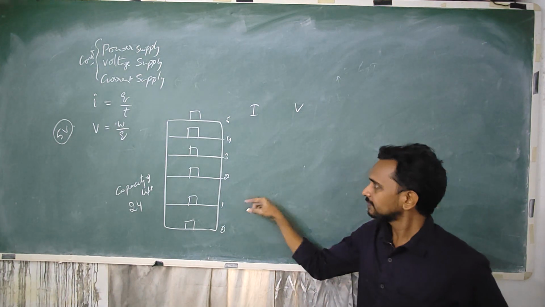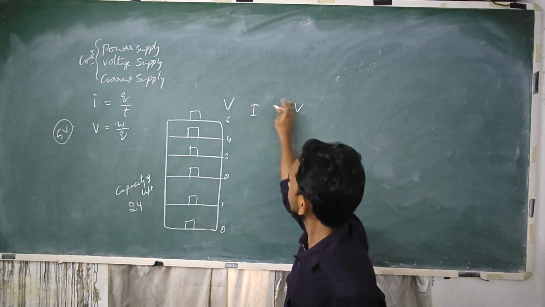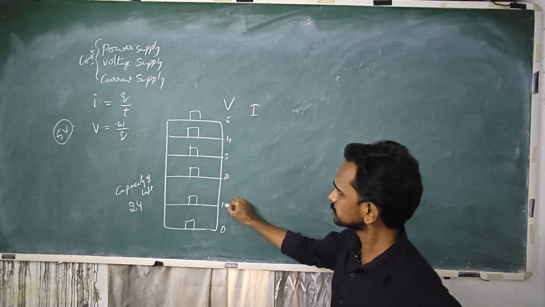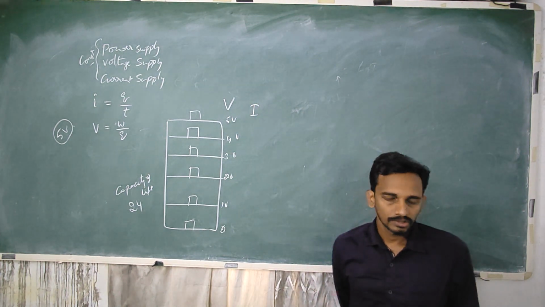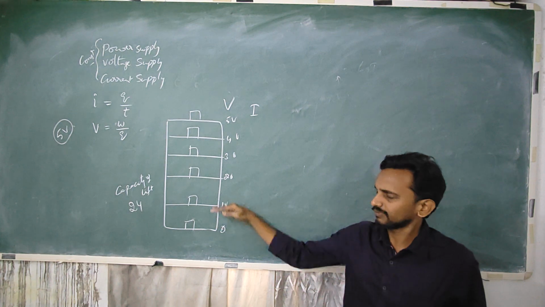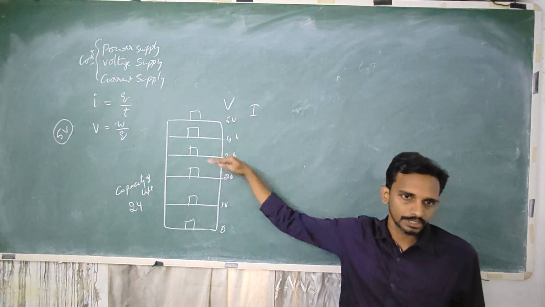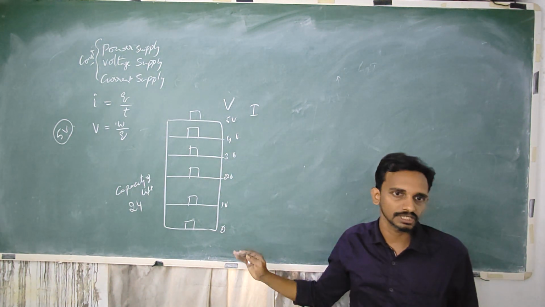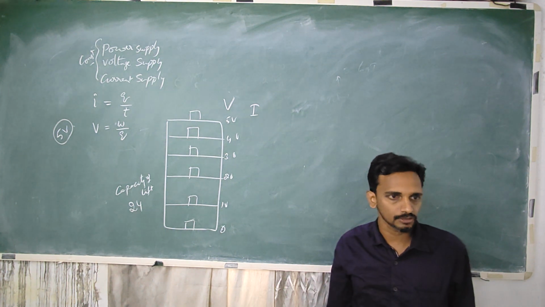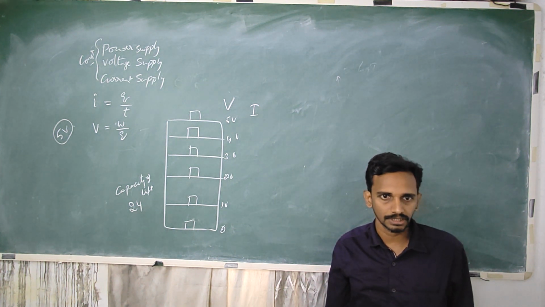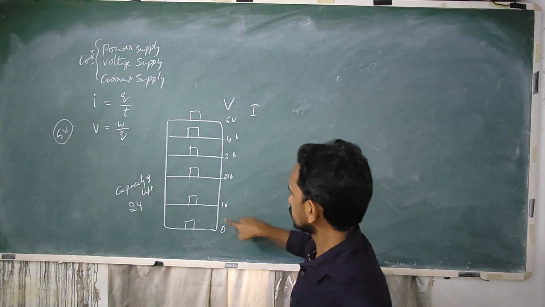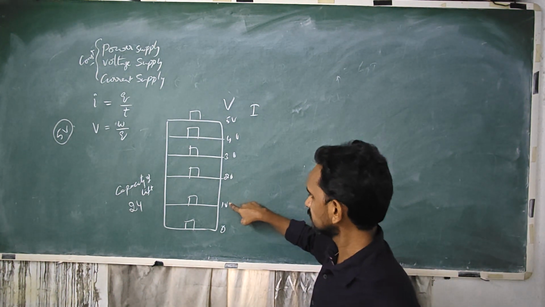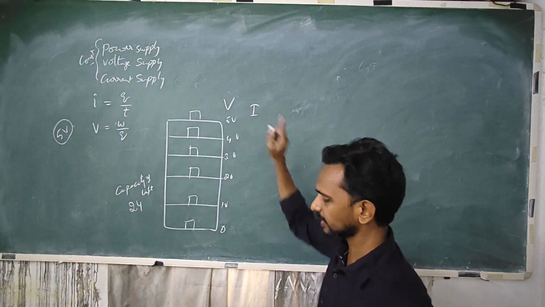As I go up and up, this is my voltage: 1 volt, 2 volts, 3 volts, 4 volts and 5 volts. I'm giving a certain amount of energy. Here it is potential energy in the case of the building, and in the case of a battery, that is also some kind of potential you are supplying to the electrons.